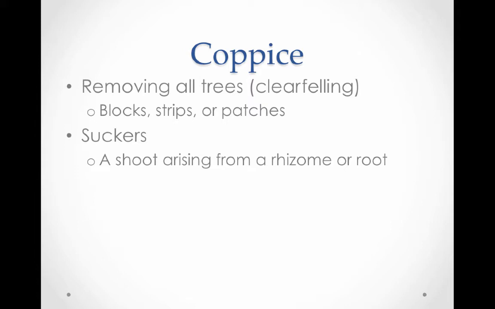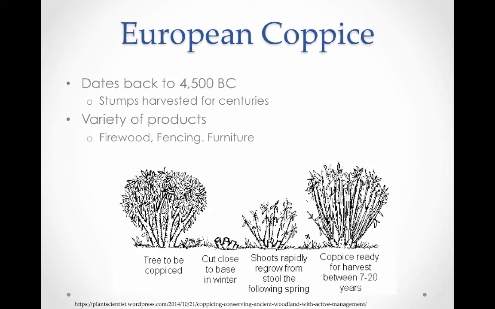But with a clear cut, we're talking about either seed, so sexual reproduction basically, or we're talking about planting. It can be artificial, it could be natural, but generally it's a high forestry method, something with sexual reproduction. Whereas with a coppice, we're focusing on asexual reproduction, so suckers arising from the rhizome or root.